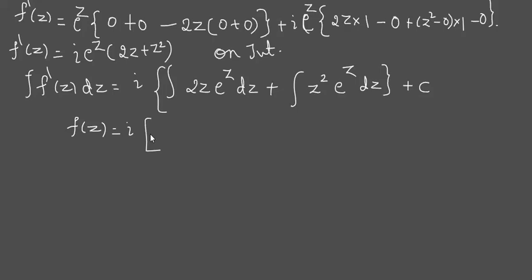Let us apply by parts, generalized. So what is u? Among z and e raised to z, what is u? z, because the derivative of that becomes 0. So keep u as it is. Then start integrating v.